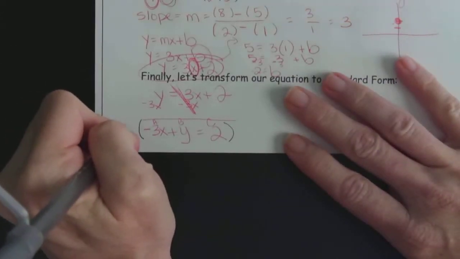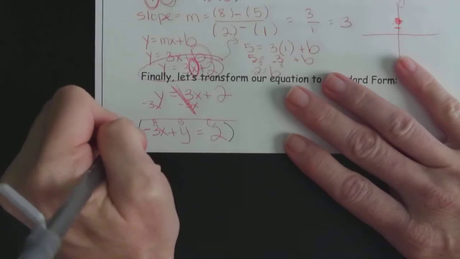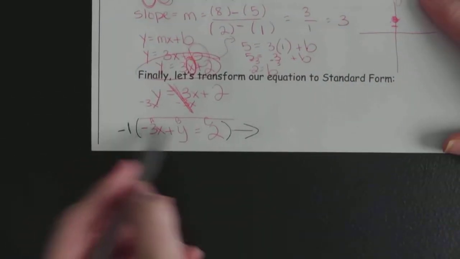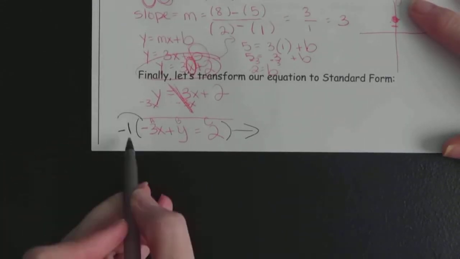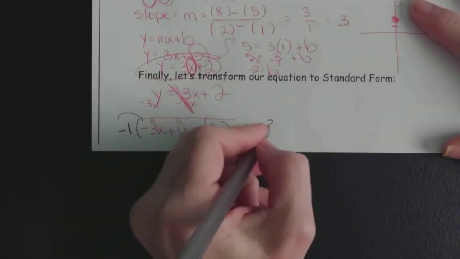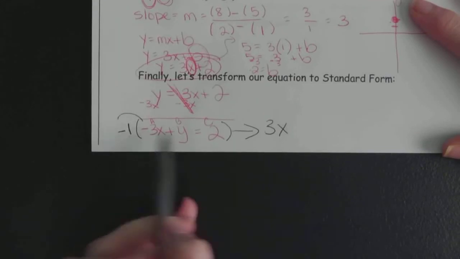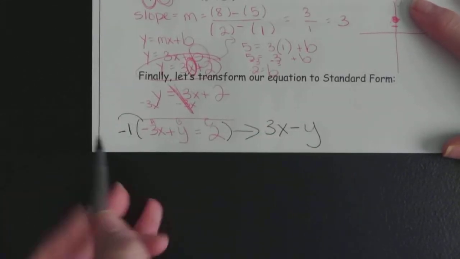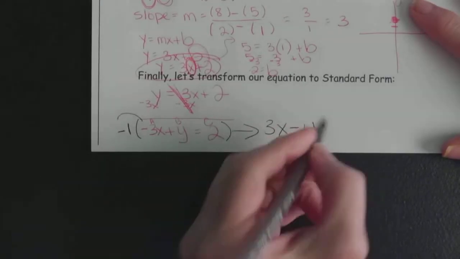So what I like to do, whenever I just want to make a quick sign change, I like to encase the entire equation in parentheses, and then I'll just go ahead and multiply the whole equation by negative 1. And when I distribute that negative 1 through, I will have negative times negative makes positive 3x.